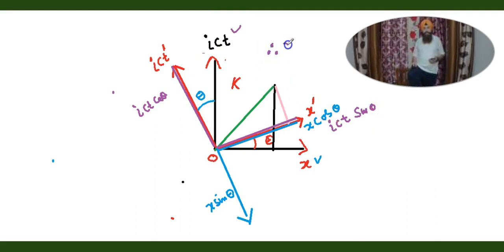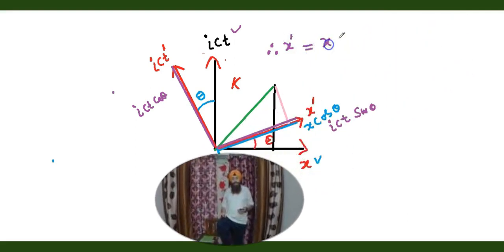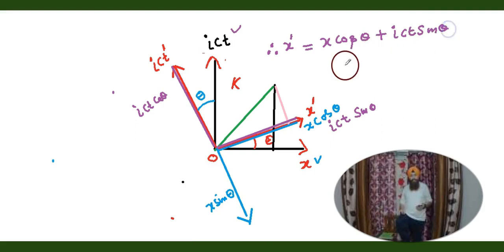Now, what is x dash? These two components add up and equal x dash. So x dash is x cos theta plus iota ct sin theta. This is the value of x dash in magnitude.